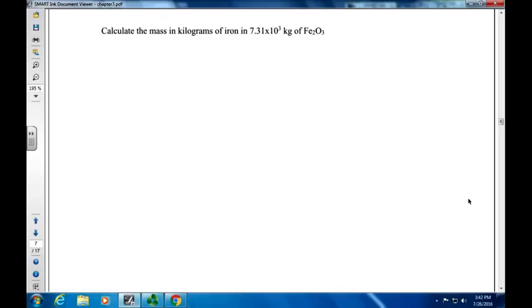Well, the mass of iron, Fe, is equal to 55.85. Again, we're just going to worry about grams for now because we'll be relating that to a percentage here in a moment.